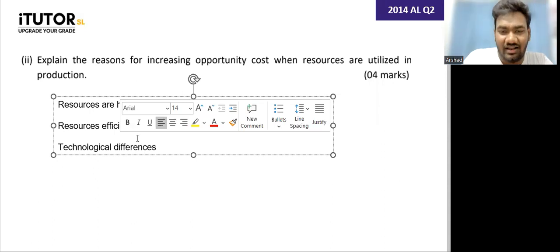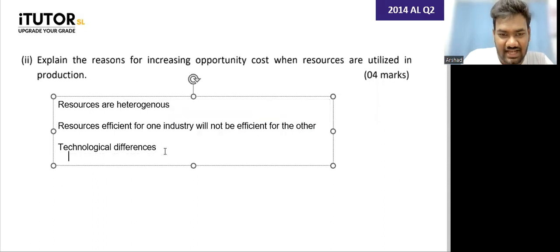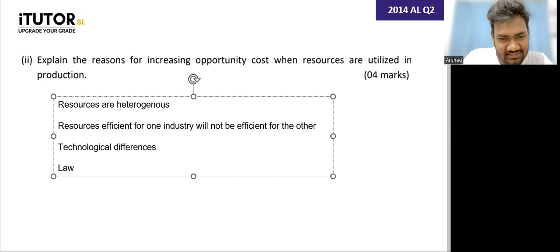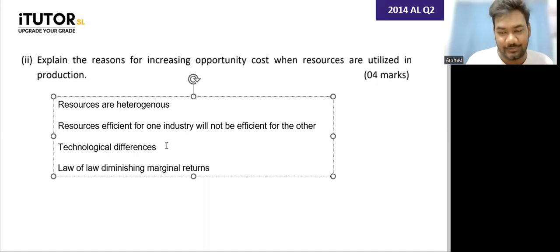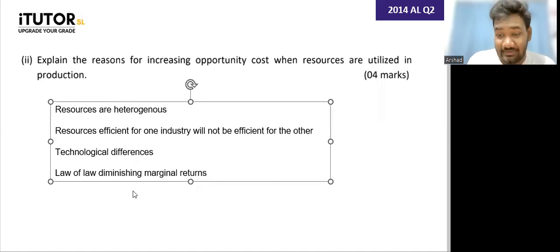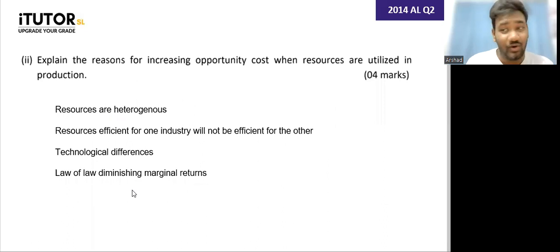Since some of you put that on the chat box twice, maybe yes, but I don't think it's a main one, right? So you can say law of diminishing marginal returns. If a couple of you have learned that, then that's okay. You can give that in also. But you have to explain, guys. Just stating the points is not enough. You have to go a little bit in detail and explain.